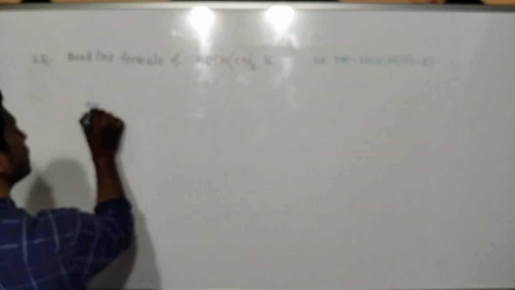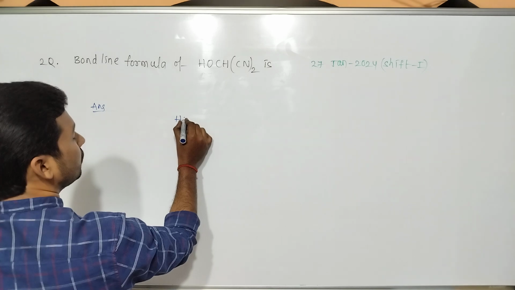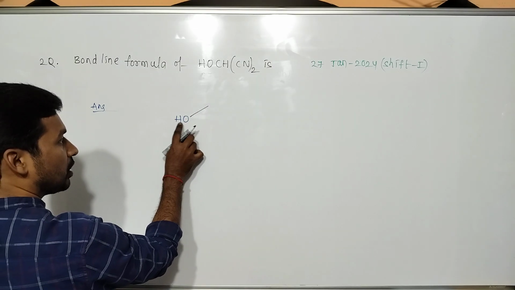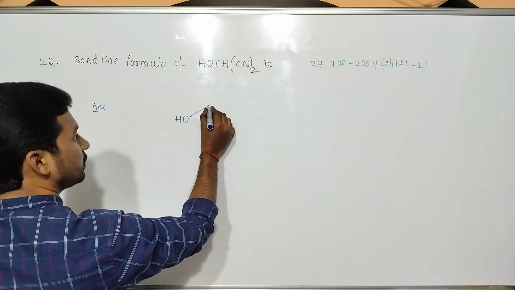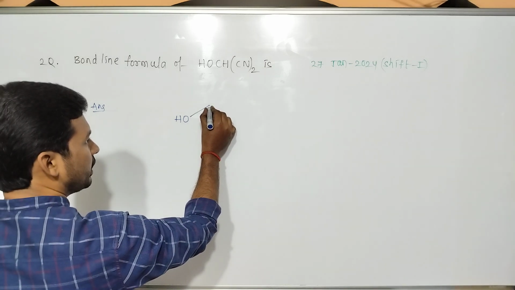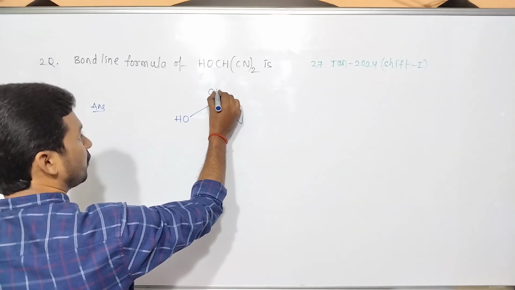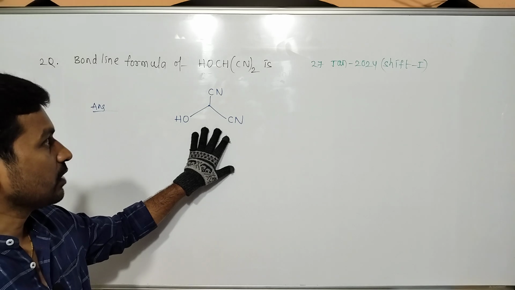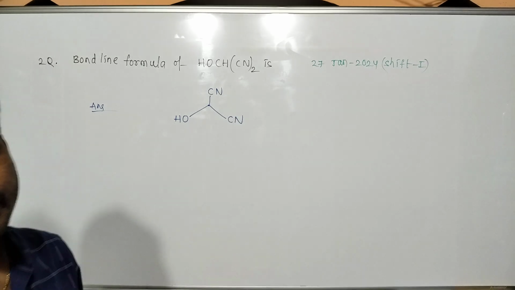For this the answer is OH: hydrogen attached to a hetero atom we have to write, CH we need not write, and here cyanide and here cyanide. In this way we write the bond line formula of this molecule. CN taken 2 times and OH.